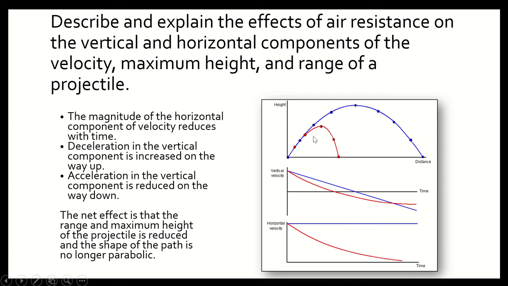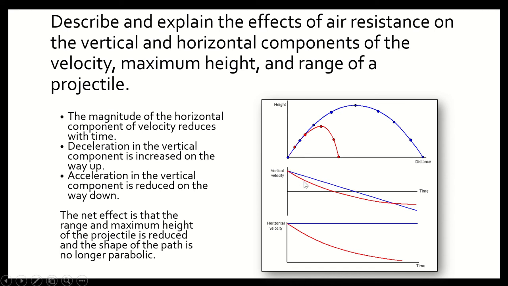Now, when you chuck a projectile up in the air, the force opposes the motion. The force is acting directly opposite. So on the way up, the force due to drag is decelerating the object, and the vertical component of velocity is decreasing.